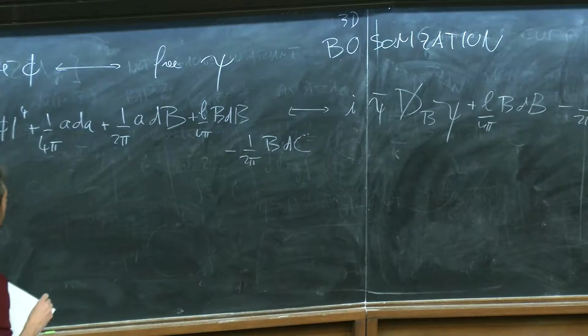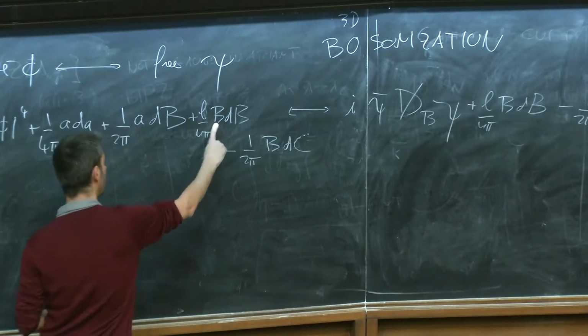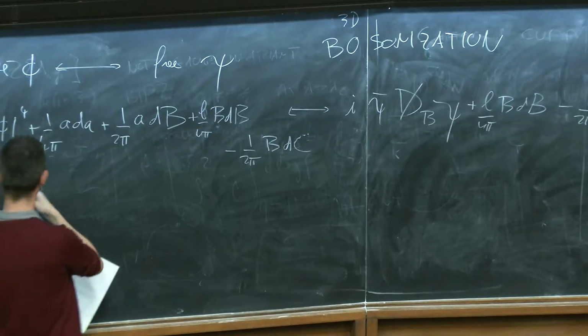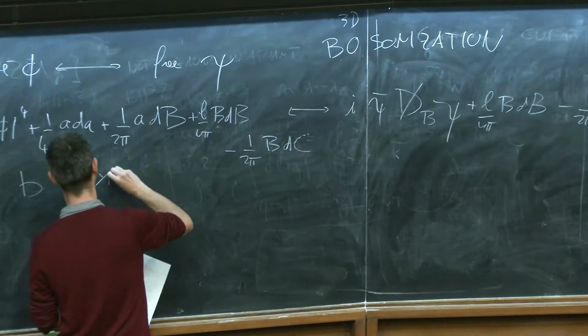But then we do something interesting and non-trivial. Now we make this B dynamical. So we path integrate. B, which was a background field, we promote to a dynamical field, so I use a small letter, and then we integrate over it.